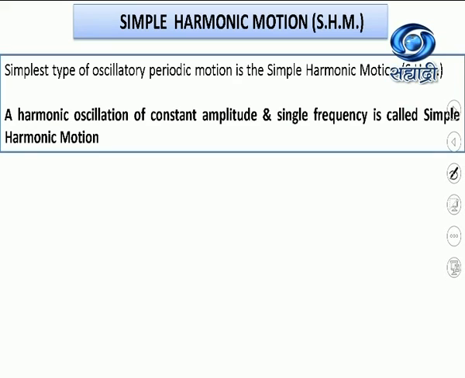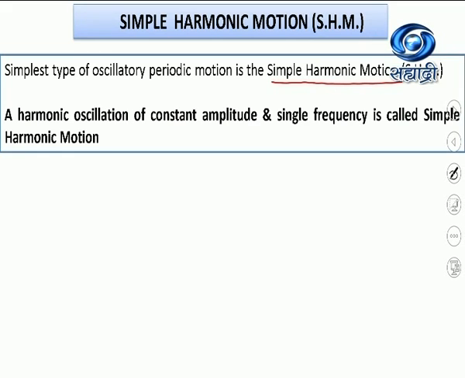The simplest type of oscillatory periodic motion is called a simple harmonic motion, which is also called in short SHM, which is a very, very important topic from oscillations. So what is this simple harmonic motion?